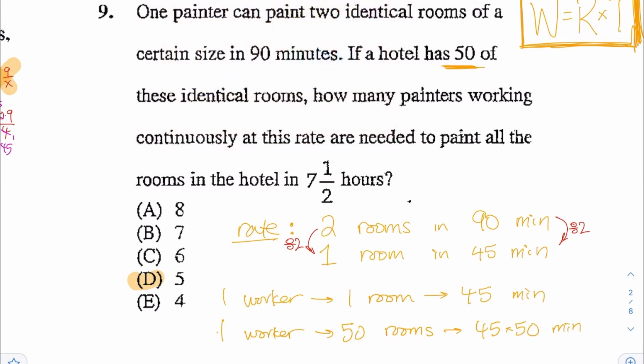So that's just the first part. Number of rooms and time, they're directly proportional. The more rooms you have, the more time it'll take that 1 worker to paint them. So here, 45 times 50.